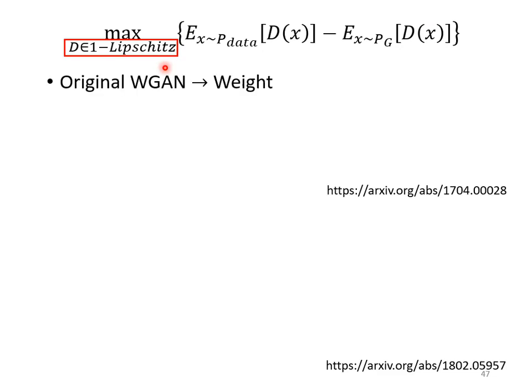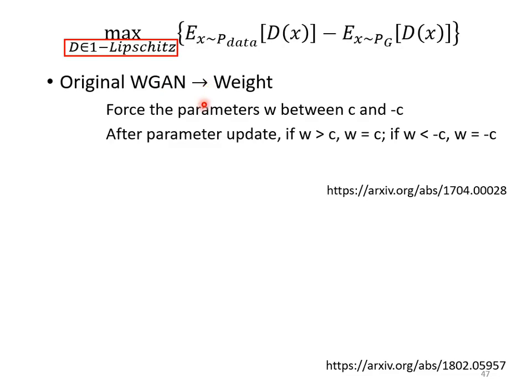So the earliest paper using Wasserstein said that it used a rather rough implementation. It simply trains a network, and when training the network, its parameters will be bounded between c and negative c. If it exceeds c after being updated by gradient descent, it is set to c. If it's less than negative c, just set it to negative c.